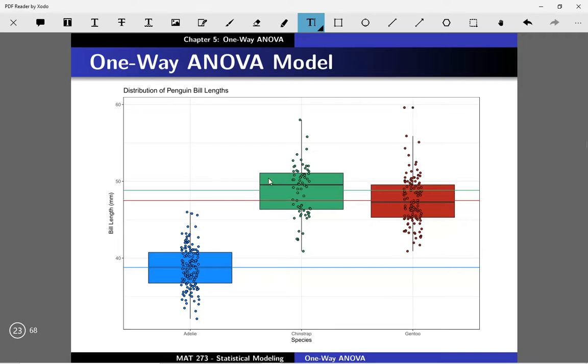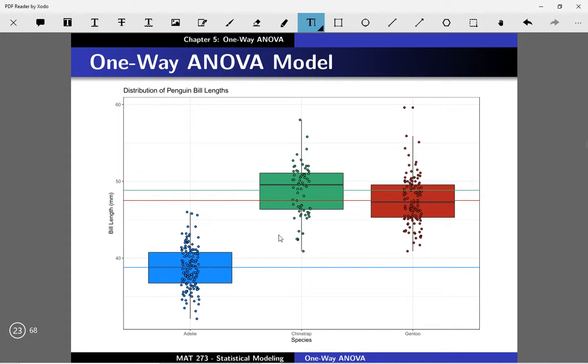And then what the box plots tell us is the bottom line of the box plot here tells us the first quartile of that group. So the 25th percentile for Adelie penguins in terms of bill length is this line here. So about, I don't know, 48 or no, 38 maybe.